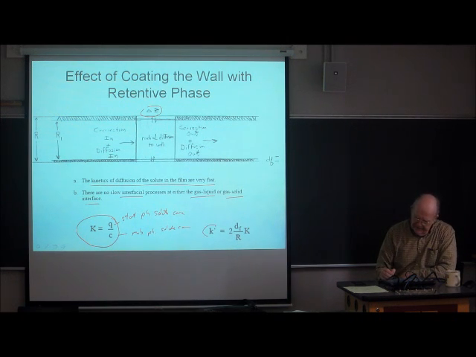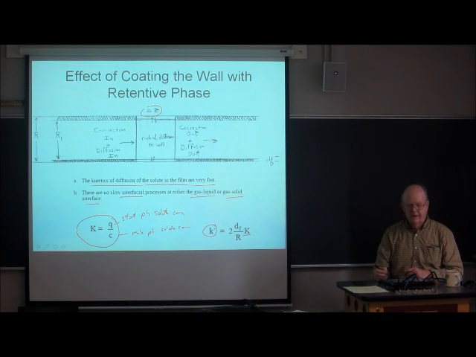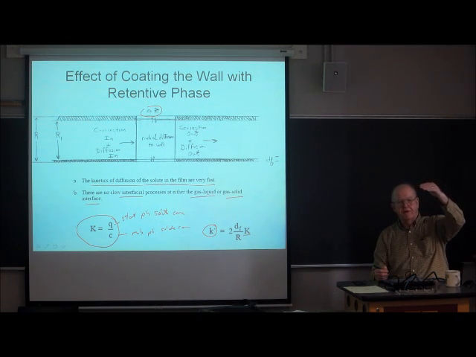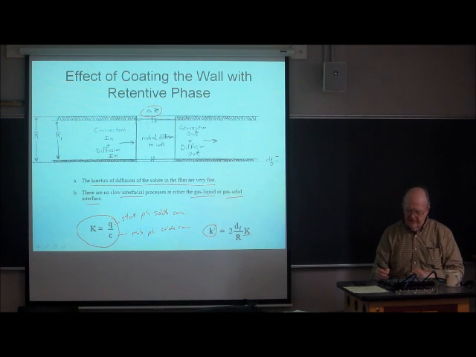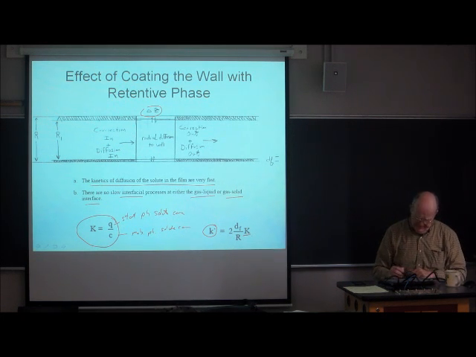By the way, it's a very simple thing to show that k prime, which is equal to K times the volume of stationary phase over the volume of mobile phase, if we assume a thin film, is 2 times the film thickness divided by the radius of the capillary, times K, this equilibrium constant for distribution of the solute between the two phases.